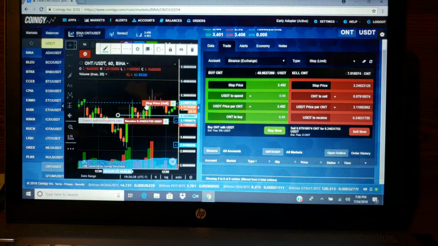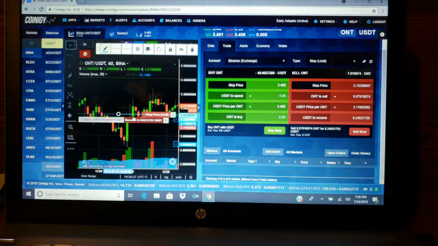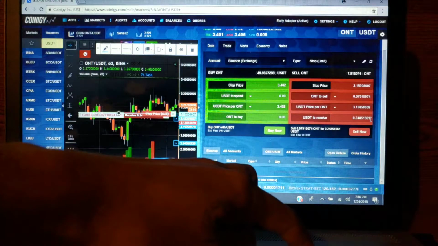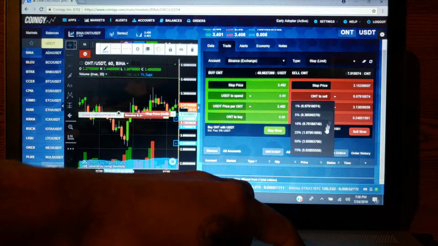Actually, these ones we could probably just hold on to too, but I don't think they're coming down. Usually when the market moves, let's see if we sell 100%. Won't even let us do 100%.